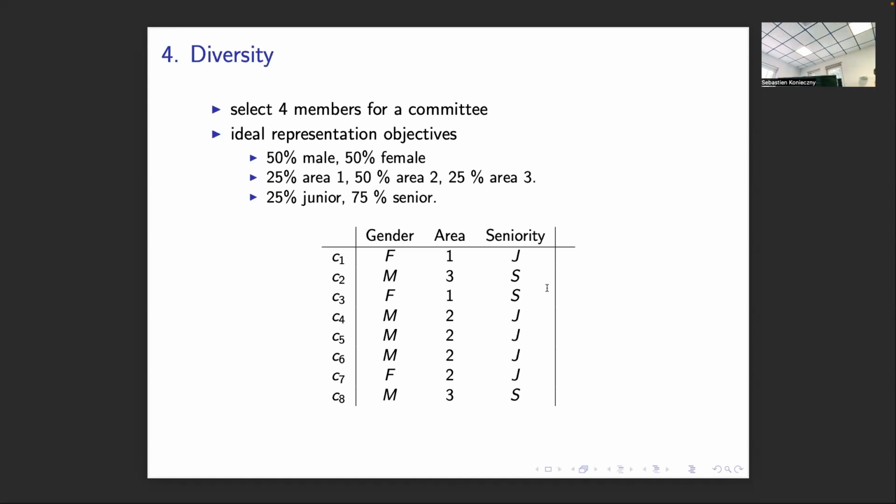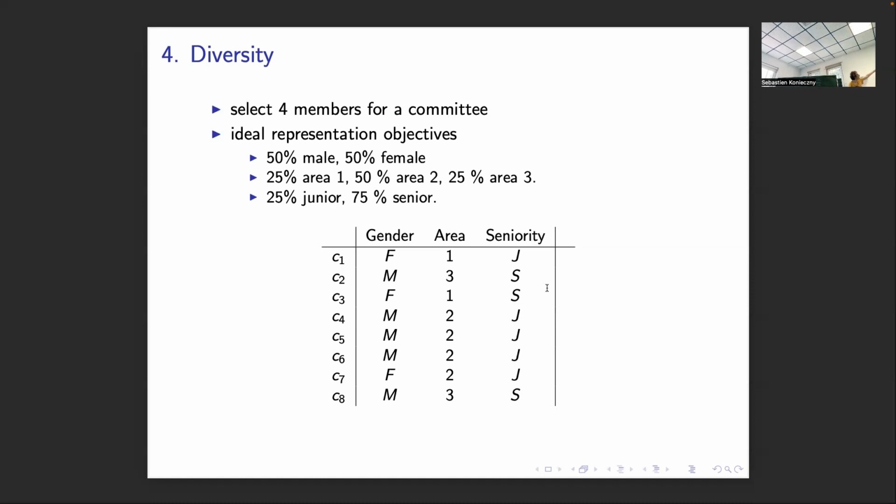So we have to select 4 members for a committee. It's a committee, for instance, for hiring someone. In France we have an incredible number of regulations for hiring committees. This is not exactly that, but it looks like that.